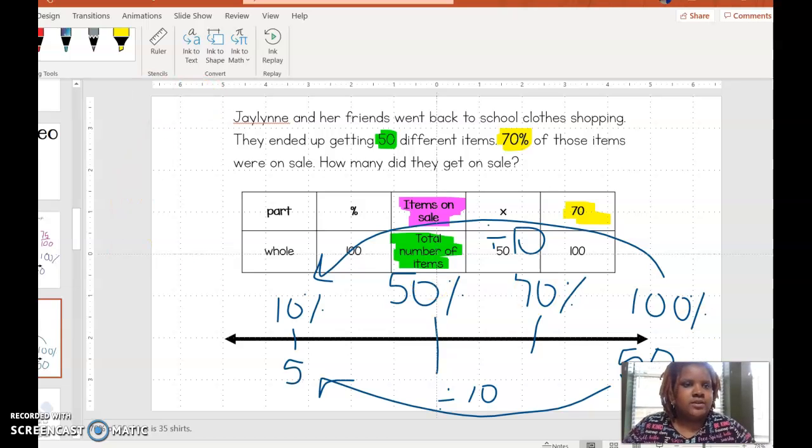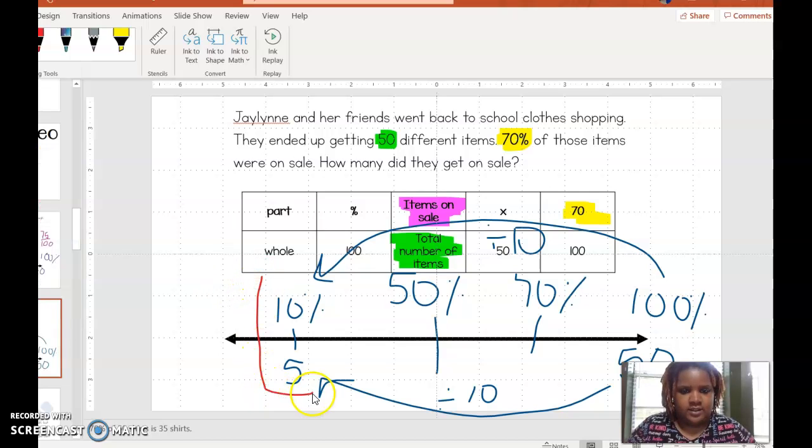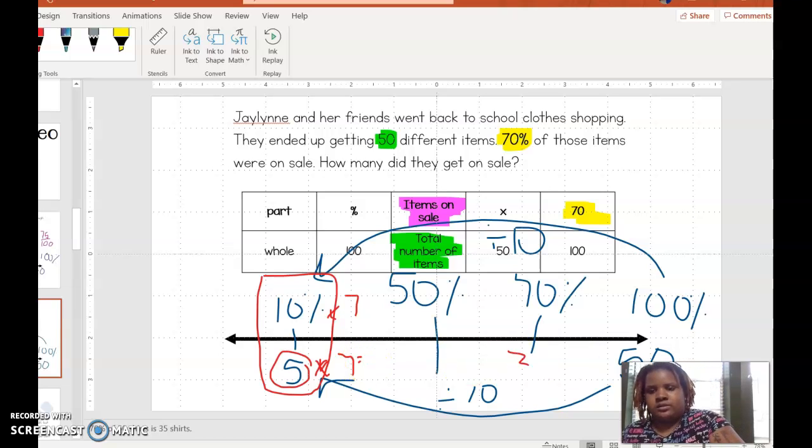I said I wanted to do 10 times 7 because I'm trying to get to 70. 10% times 7 equals 70%. So I'm going to do 5 times 7, and 5 times 7 is 35. So 35 of the items that Jalen and her friends bought were on sale.